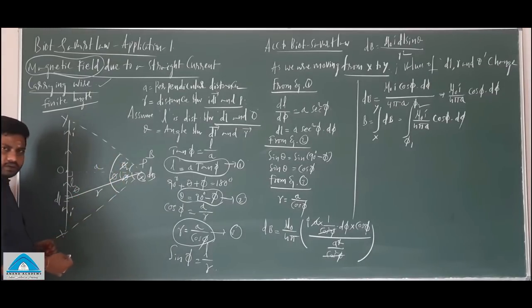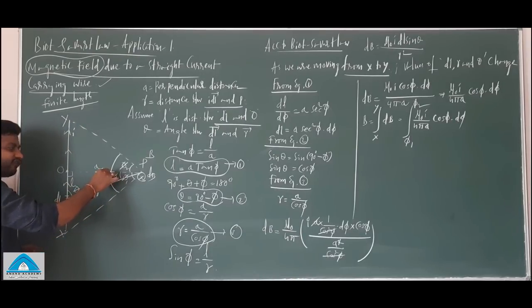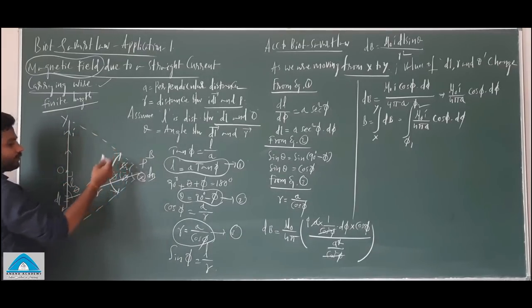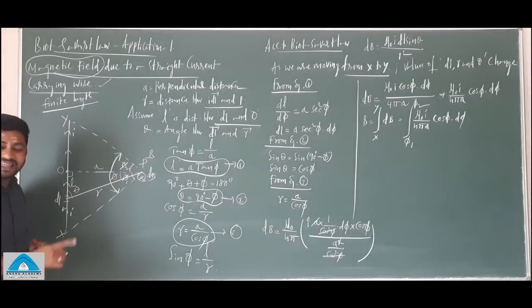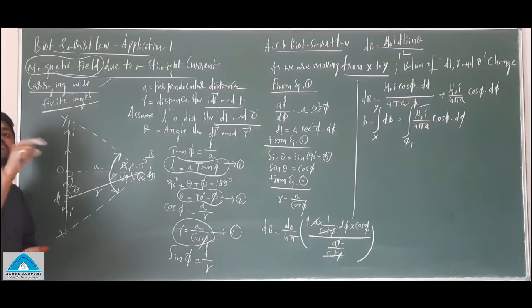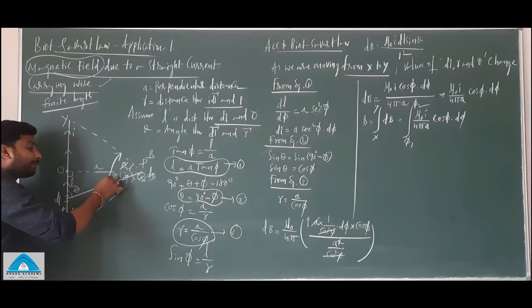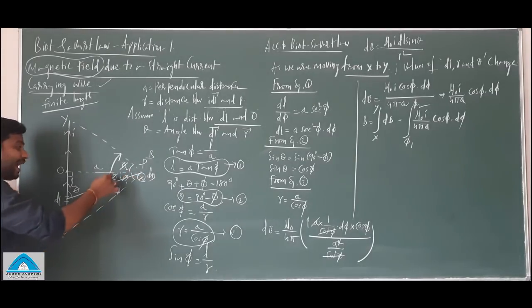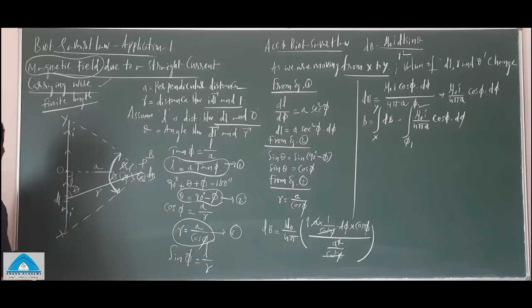From the perpendicular line, phi 1 we are measuring in anti-clockwise, phi 2 we are measuring in clockwise, because this is our reference perpendicular line. Again I am telling you, the angles are anti-clockwise and clockwise. Phi 1 is measured from the perpendicular distance to this length in anti-clockwise, and phi 2 is measured in clockwise.